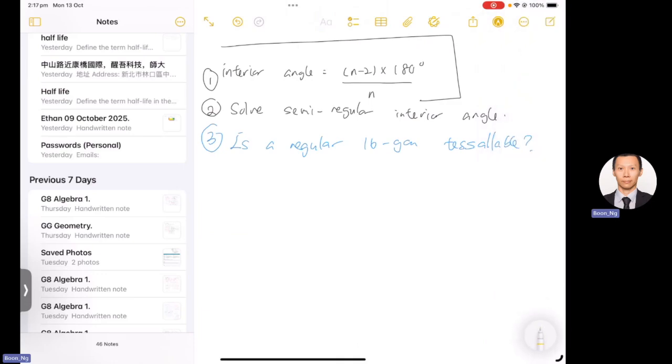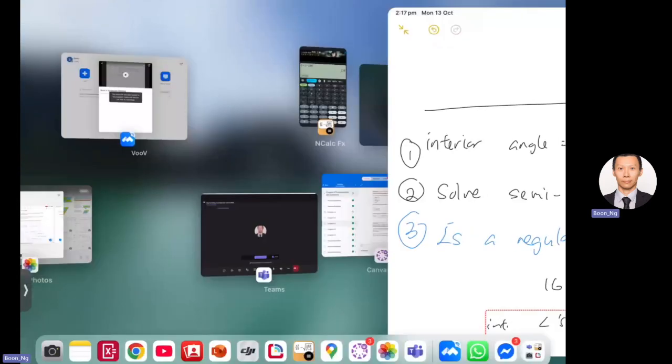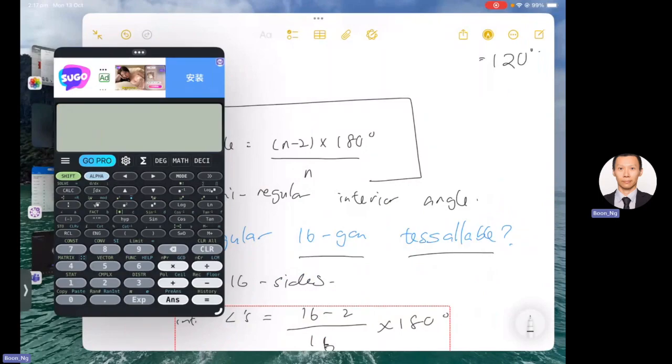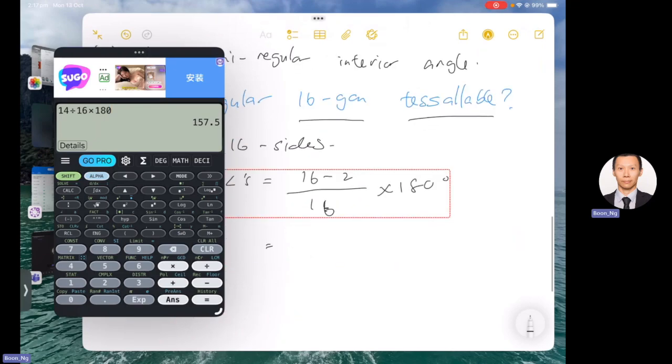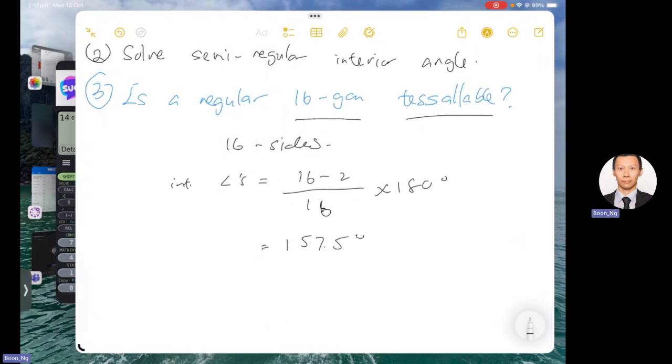We can also try to see if the polygon that has 16 sides, a 16-gon, is tessellable. So using the same formula, interior angle equals 16 minus 2 divided by 16 times 180. Now we call up the calculator. So 14 divided by 16 times 180, that is 157.5.